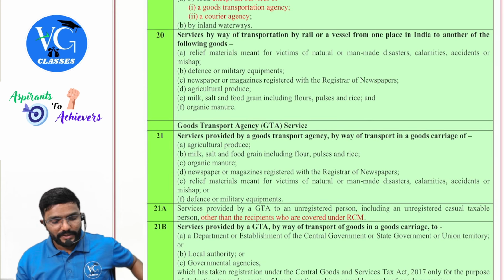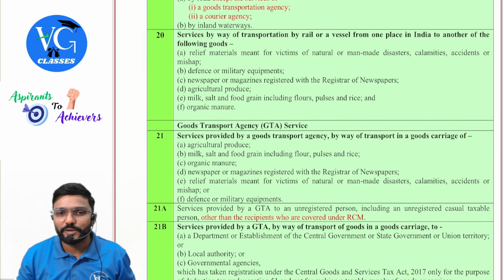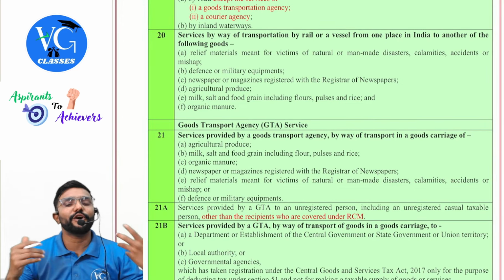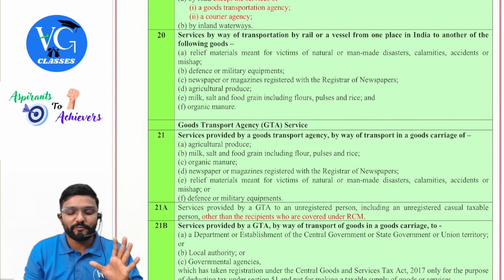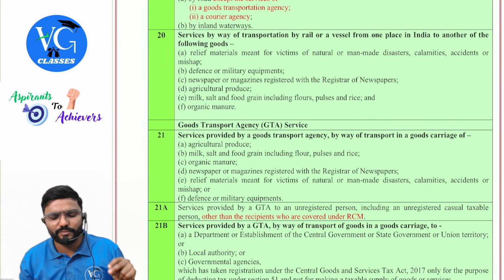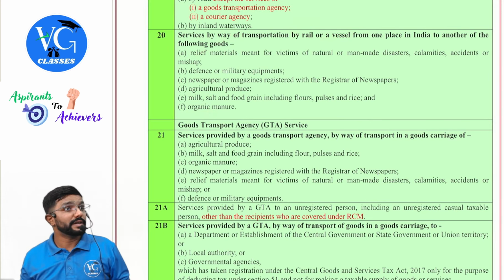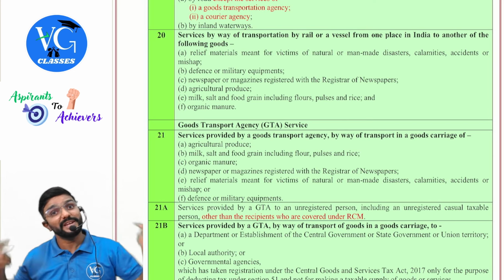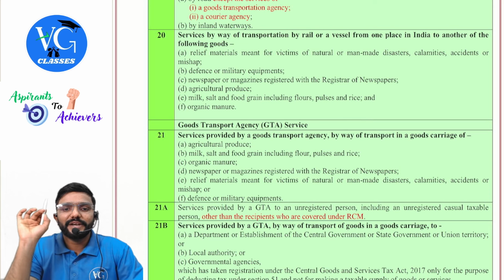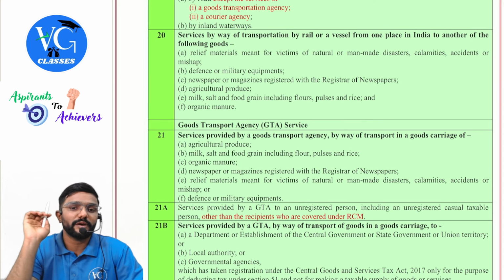Next, services by way of transportation by rail or vessel from one place in India to another of the following goods are exempt. Which are those? Relief materials meant for victims of natural or man-made disasters, calamities, accidents, or mishap.